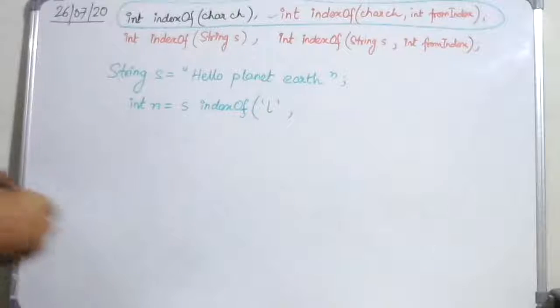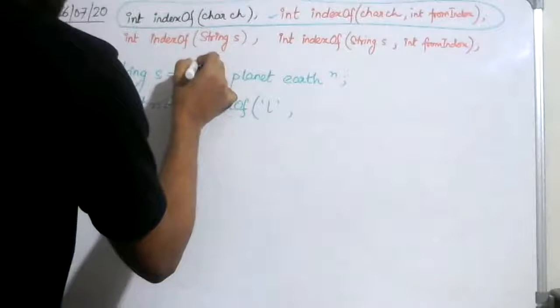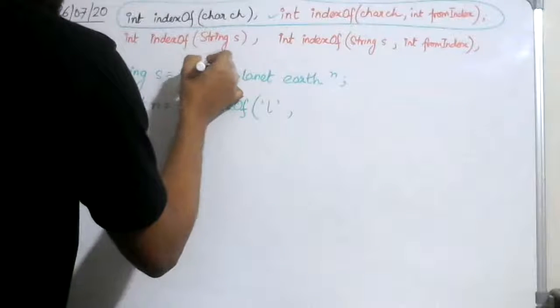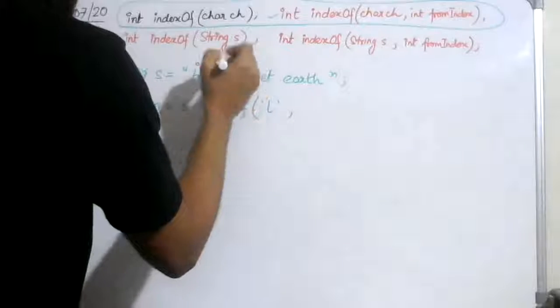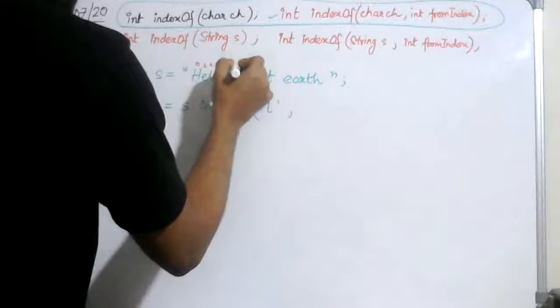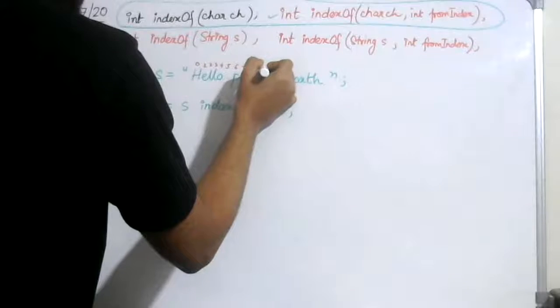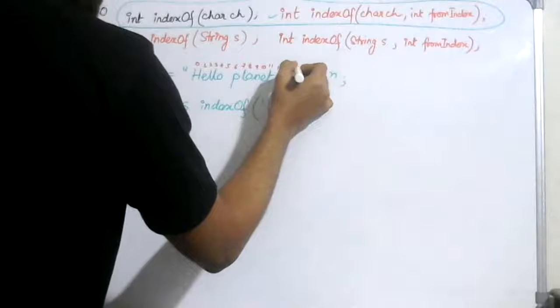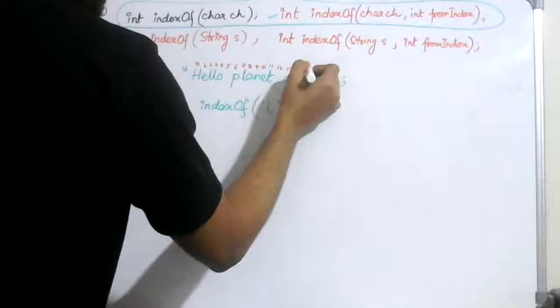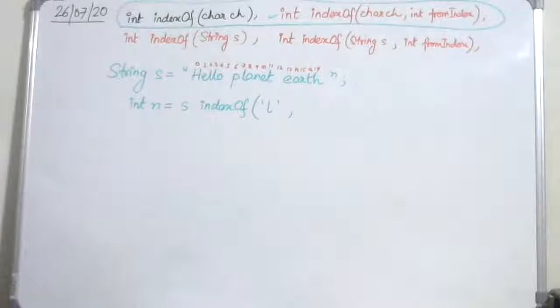I'm not drawing an array because it will take up much more space. I'm just indexing it here itself in the string: 0, 1, 2, 3, 4, 5 for the space, 6, 7, 8, 9, 10, 11, 12 for the space, 13, 14, 15, 16 and 17. So that is how my indexing goes.